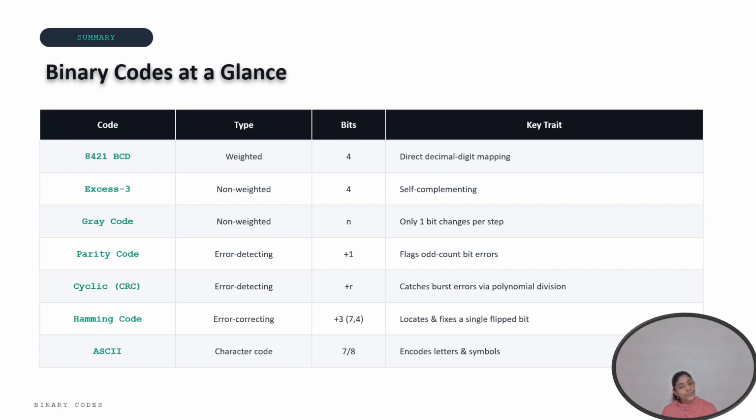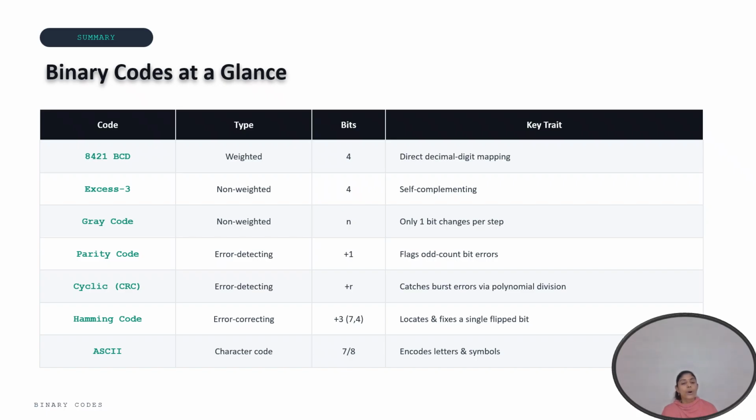The next one is gray code. Gray code is a kind of non-weighted code, but what is happening there? Only one bit changes between consecutive values, right? The bits have no limitation; it is n bits. Next is the parity code. Why are we using a parity code? To detect errors, right?